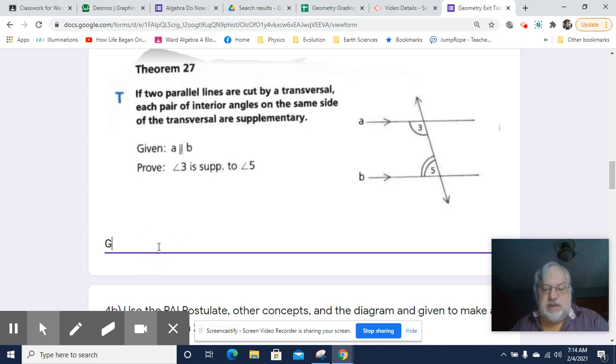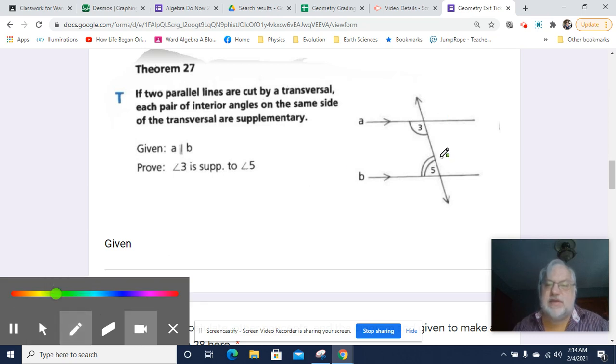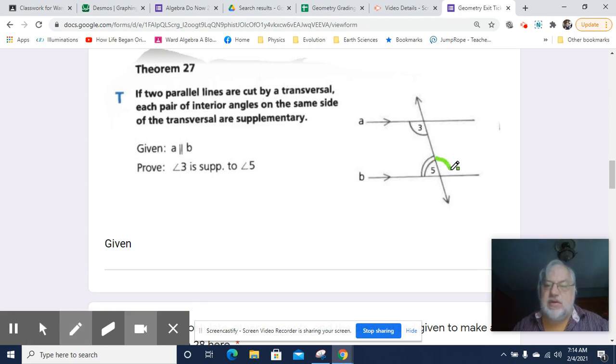So after the givens, we can say that we probably should label some other stuff. So I'm going to label this angle here, and I'll call it 4, just because I need to come up with a name.